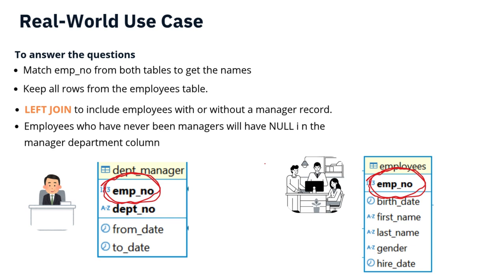So we start with the employees table as our left table because we want to keep all employees in the result. Then we join it with the department manager table using employee number as the common column. If an employee has been a department manager, the department number will show up in the department number column. And if they have never been a manager, that column will simply show null.